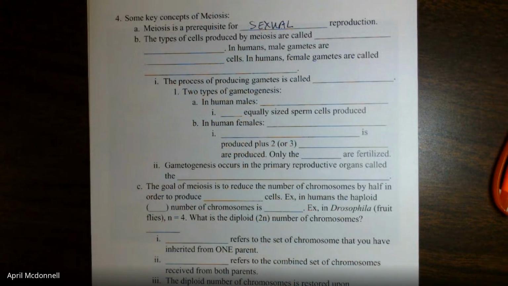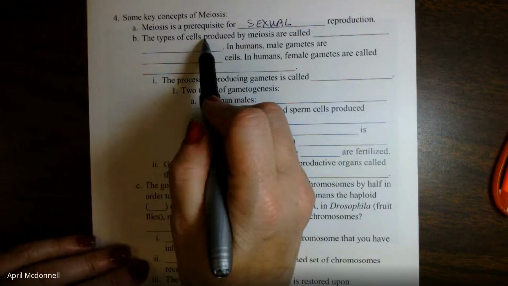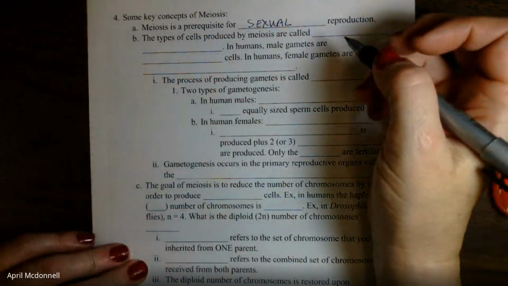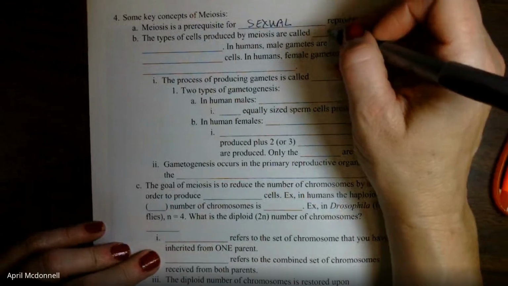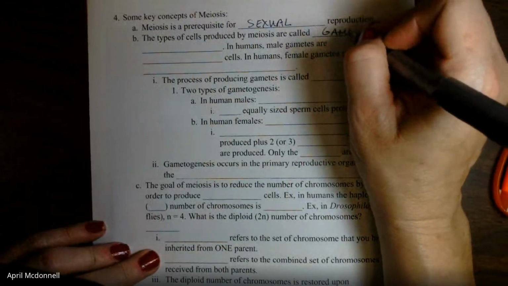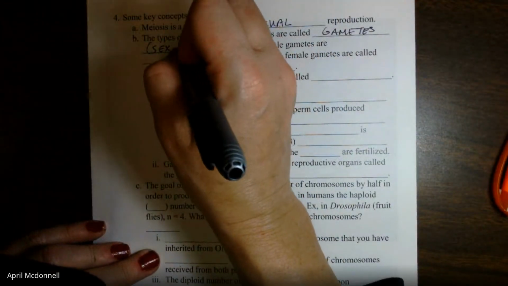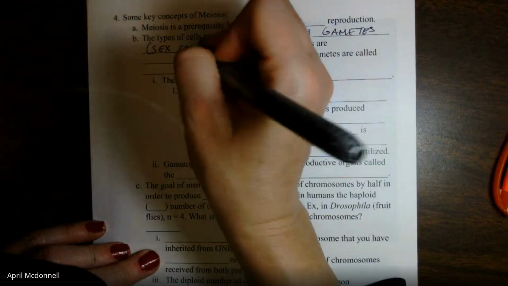In humans, without meiosis, there will be no sexual reproduction. Why is that? Because meiosis makes the sperm and the egg gametes that allow for sexual reproduction to occur. The types of cells produced by meiosis are called gametes, which we also commonly call sex cells.